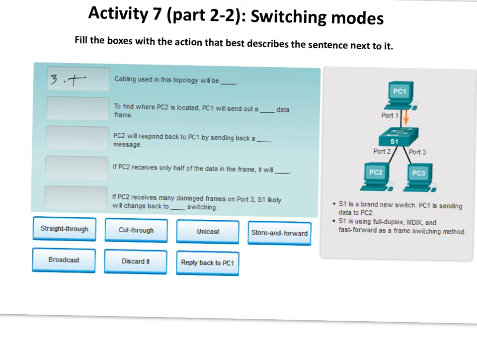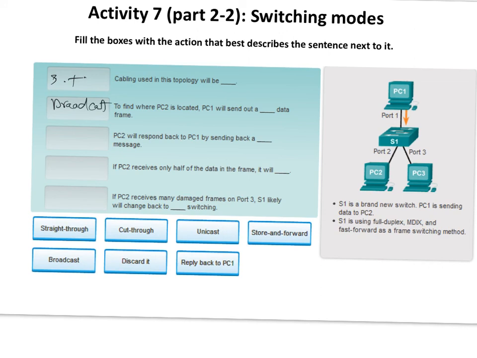If this means that PC1 does not know the MAC address of PC2, then PC1 will send an ARP request to get the physical address of PC2. In that case, this ARP request is in the form of broadcast.